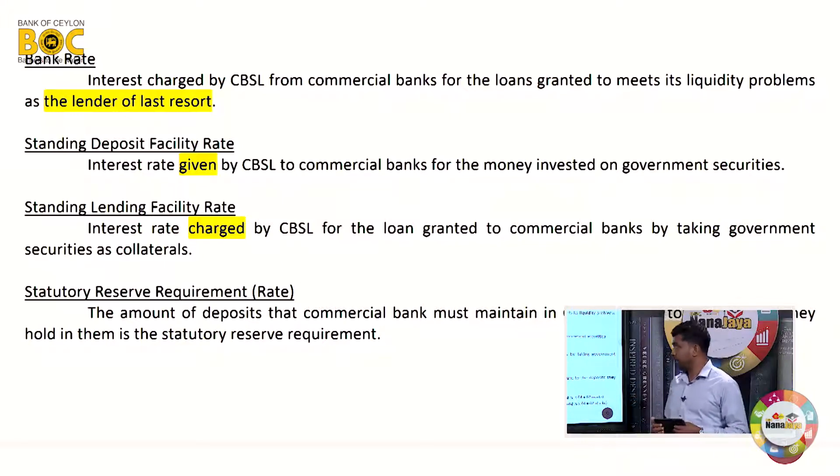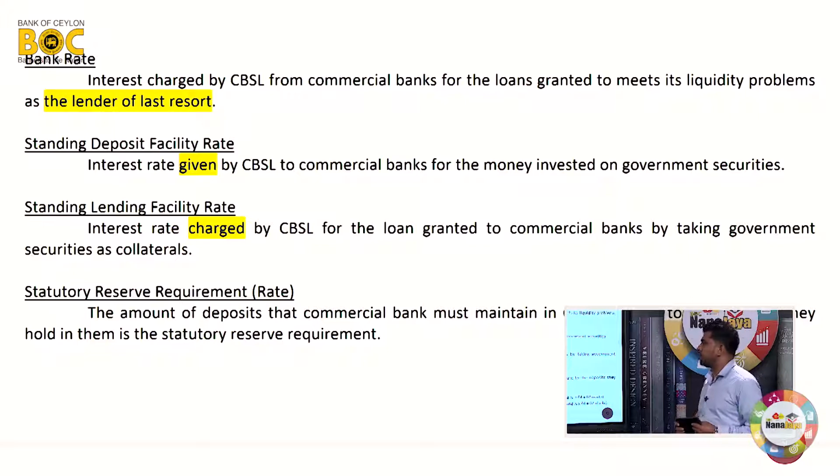Standing lending facility rate. This is the interest rate charged by CBSL from commercial banks for the loans granted to commercial banks by keeping government securities as collateral. So this one is charged. Bank rate is charged. Standing deposit facility rate is given. Standing lending facility rate is charged.